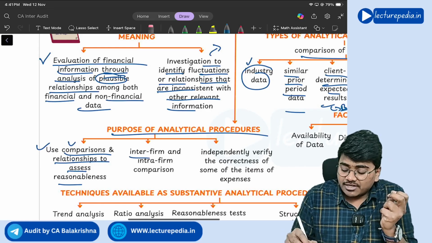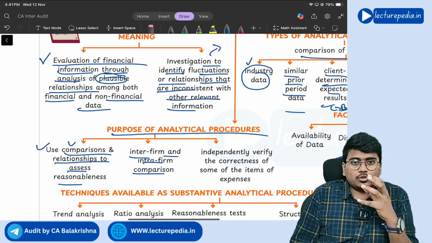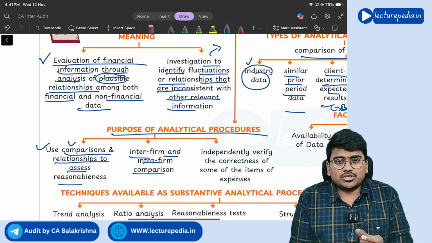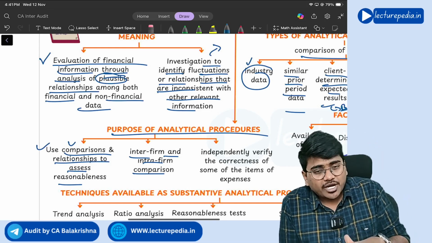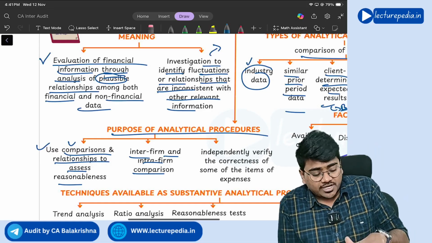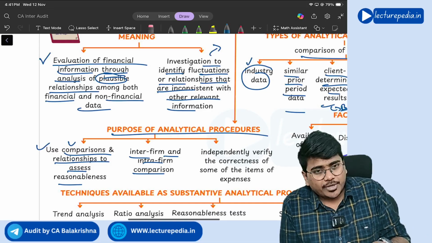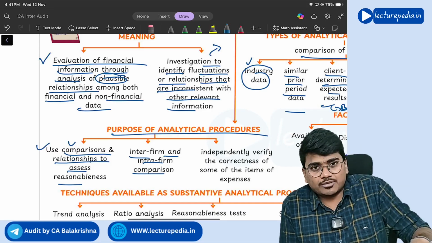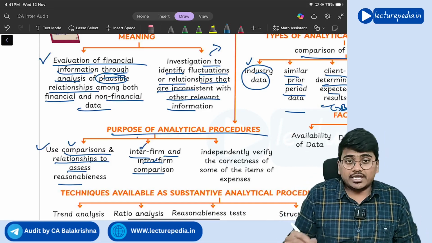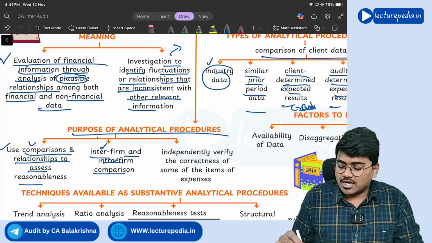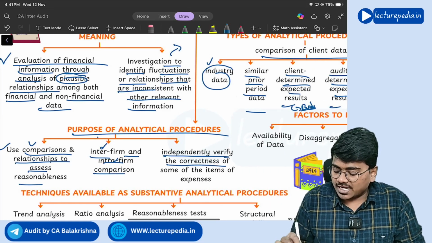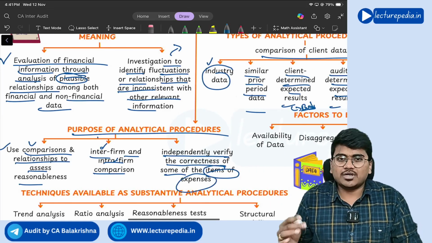Next, interfirm and intrafirm comparison. So with the help of this analytical procedure, you can compare the performance of your firm for the current year with last year, and you can also compare the performance of your firm with another firm. That is interfirm, intrafirm. Next, independently verify the correctness of some of the items of expenses.